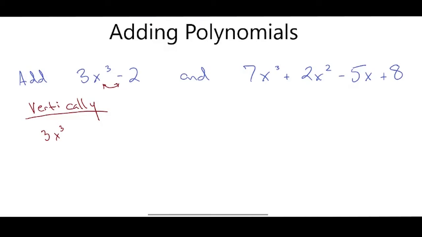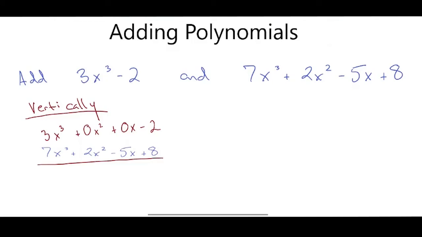If you think of it in terms of you're missing an x squared and an x term. So I'm going to put 0x squared plus 0x minus 2 as placeholders because I need to put this underneath it.